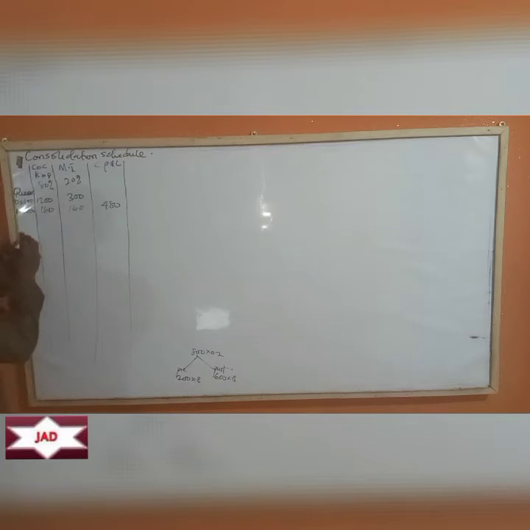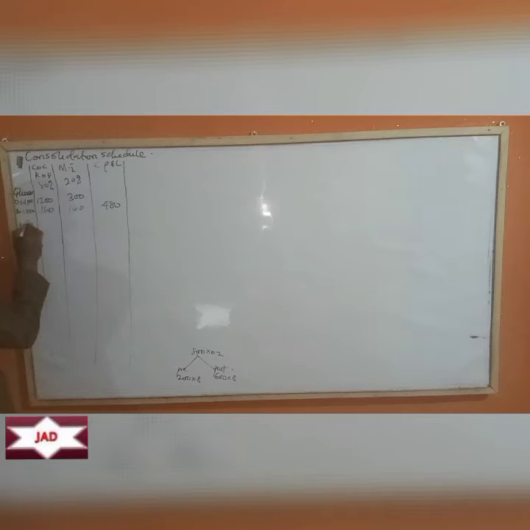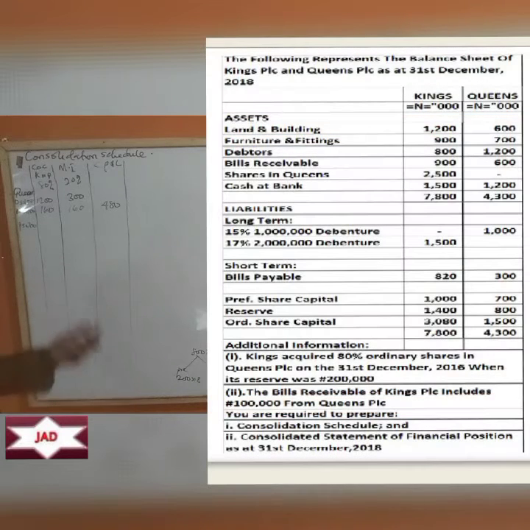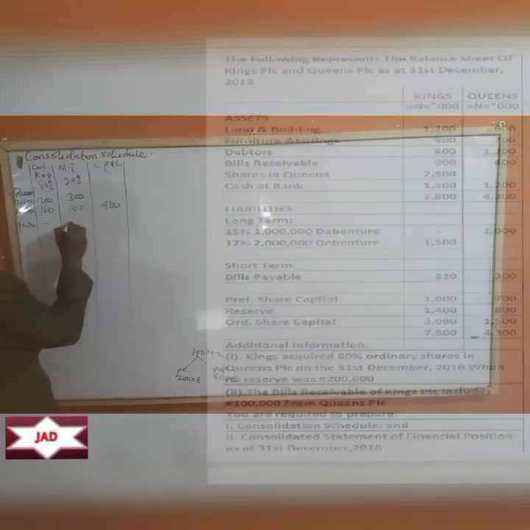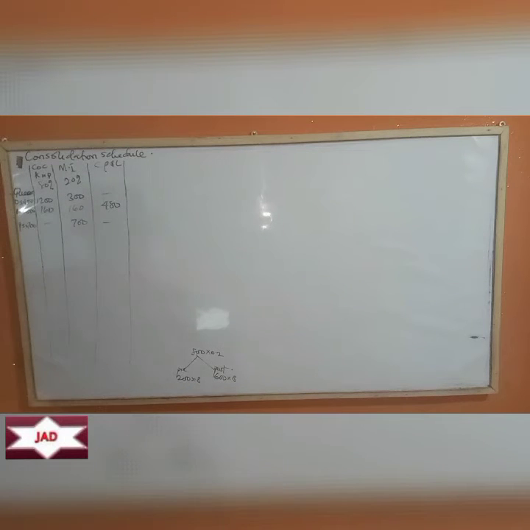Right, so our preference share, according to the question, is 700. But you agree with me that Kings does not have any share in it, so it's all for minority interest, right? So that's it. Any other thing there?